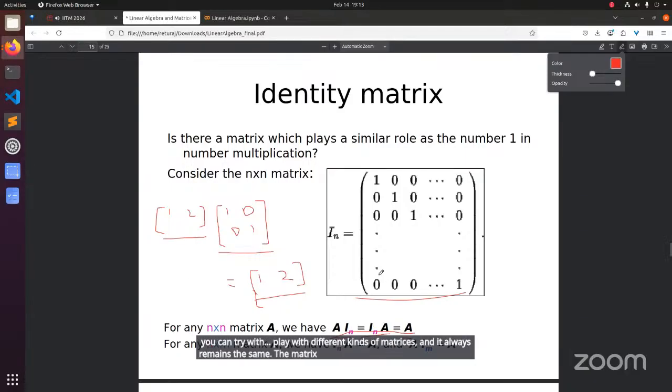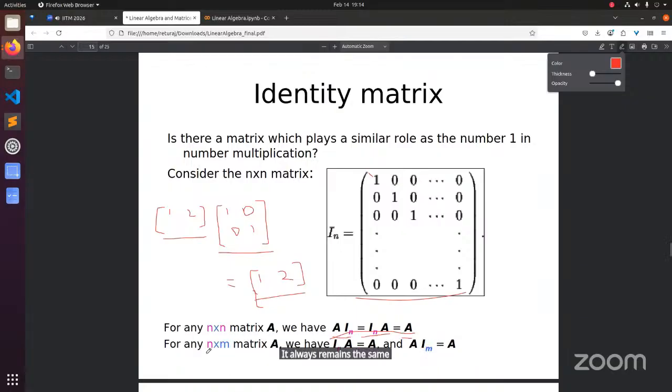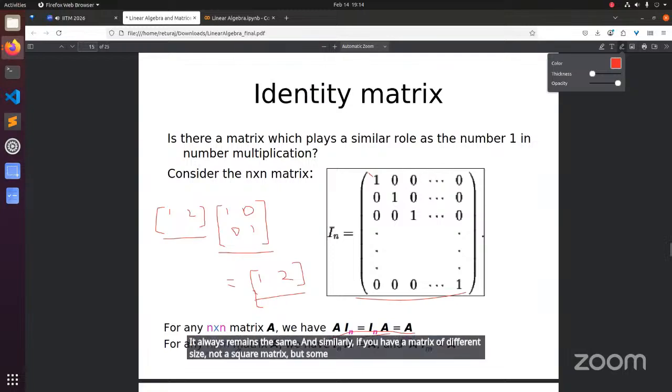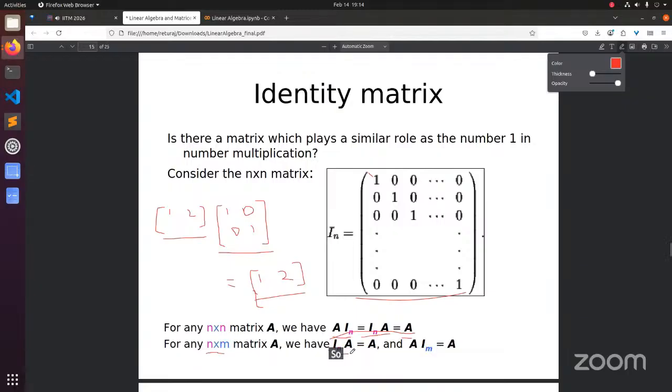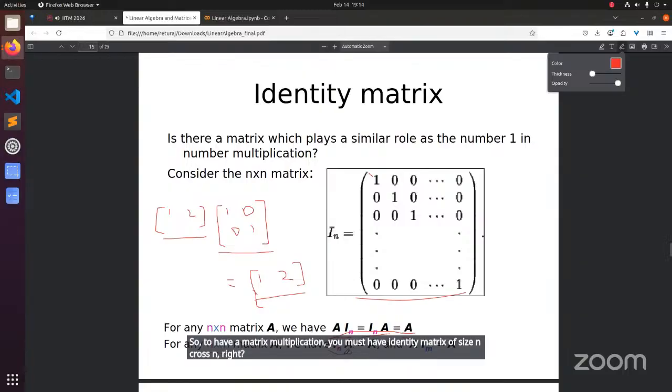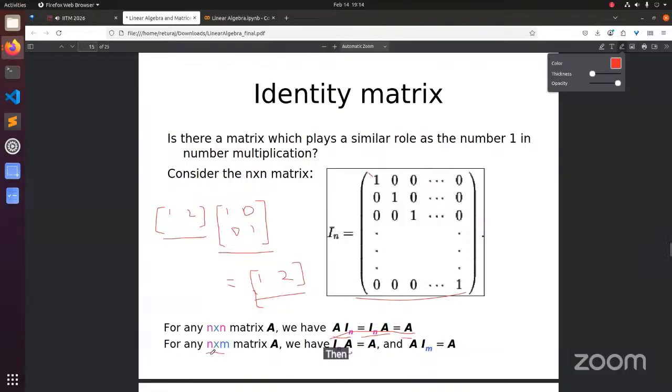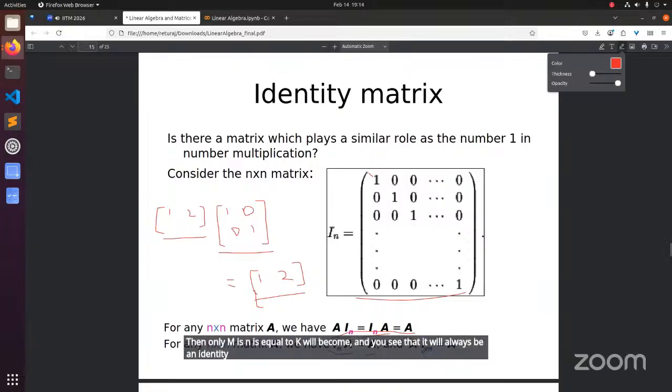And similarly, if you have a non-square matrix A of size m cross n, to have a matrix multiplication you must have an identity matrix of size n cross n, then only n is equal to k. And you see that the result will be the same matrix. Similarly, if you multiply an identity matrix of size m from the other side, it will also remain the same.